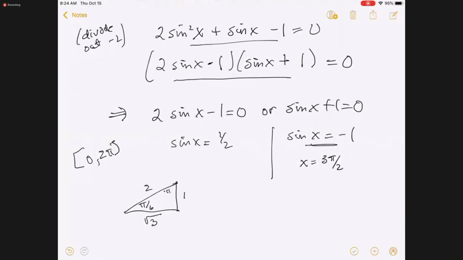And of course, I remember this little right triangle, and that tells you about all the trig values of pi over 6 and pi over 3. So one possibility is pi over 6. And where else is the sine positive? It'd be positive in the second quadrant. So that's going to say x is 5 pi over 6.